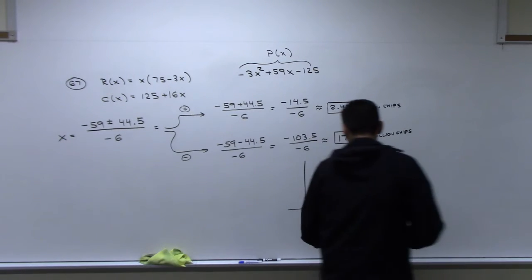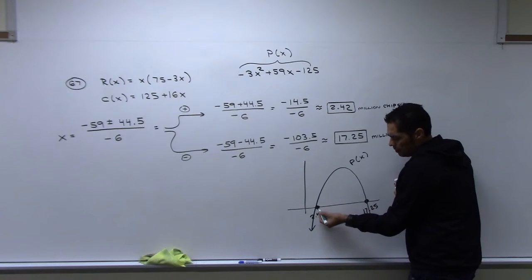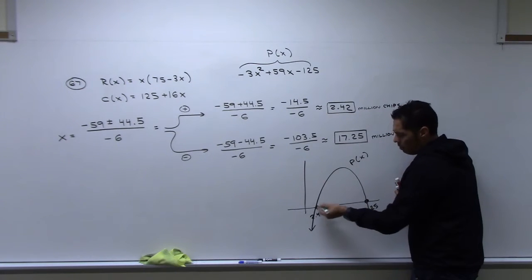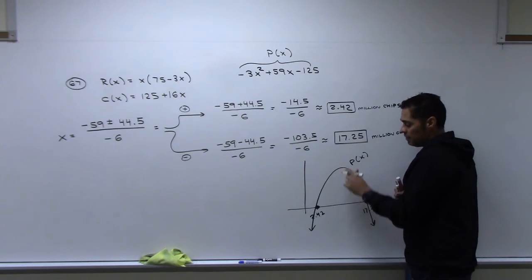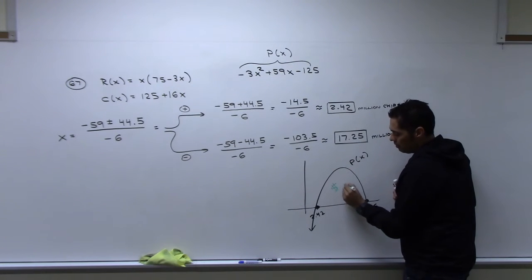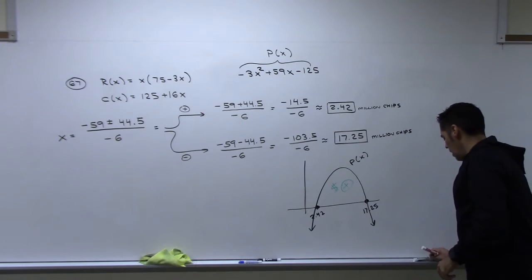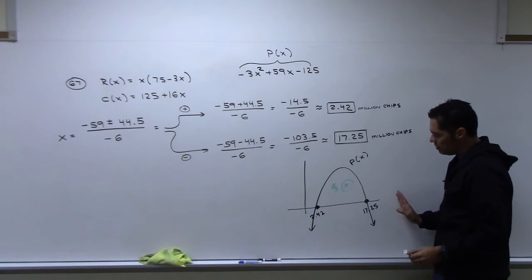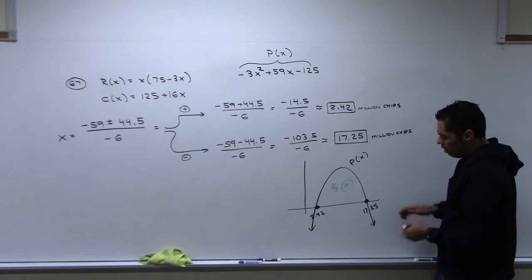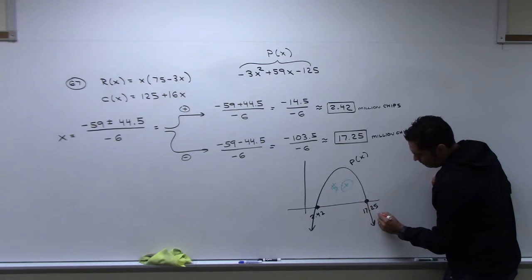Well, I just happen to have two colors here that are good. Look, anytime between here and here, our profit function is above the x-axis, which means our profit is positive. So we're actually making money here, right? We're in the green. But if we go anything less than this or greater than this in terms of millions of chips, our function is going to be below the x-axis, which means we're going to be losing money.